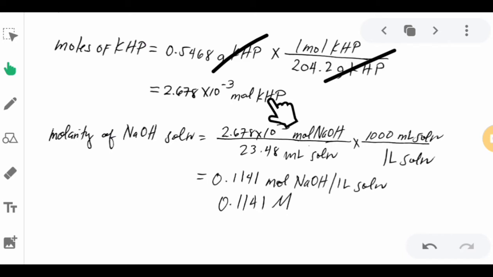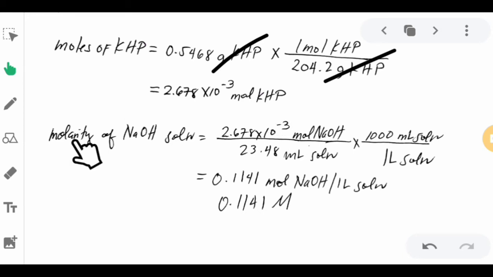And then, the next thing that we need to do is to determine the molarity of the sodium hydroxide solution. Because 1 mole of KHP reacts with 1 mole of sodium hydroxide, there must be 2.678 times 10 raised to negative 3 mole of NaOH in 23.48 milliliters of sodium hydroxide solution. Finally, we need to calculate the number of moles of NaOH in 1 liter of the solution.